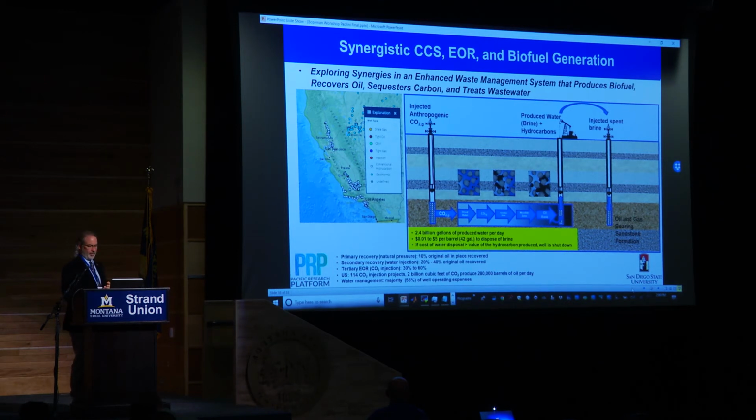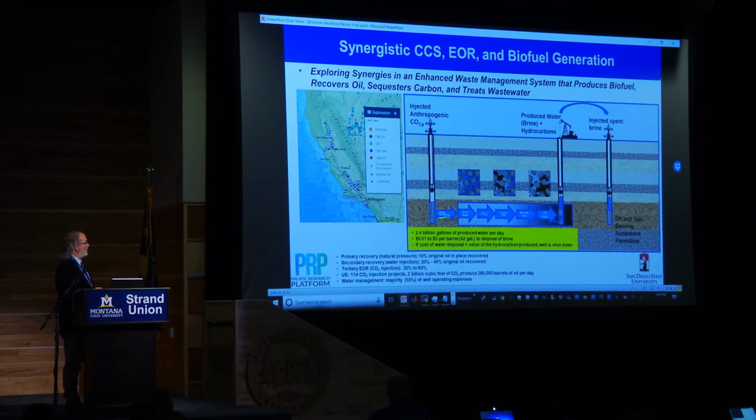If you're not familiar with enhanced oil recovery, 30 to 60% of oil that's extracted is done using this process. What it involves is you inject CO2 gas at a very high pressure into a reservoir. That CO2 reduces the surface tension of oil, and it dislodges oil from trapped pore space in rock.